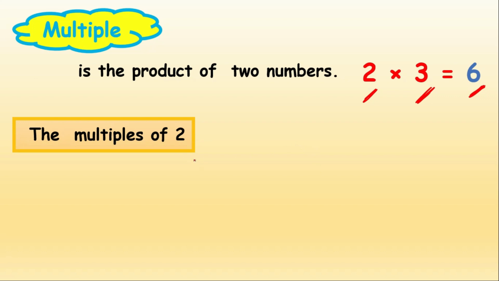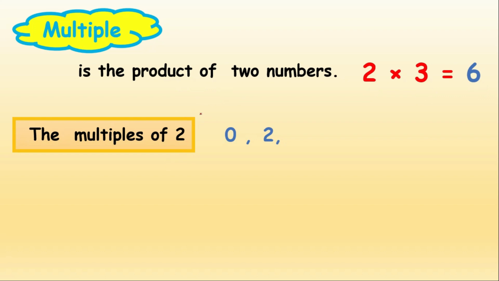يعني احنا لو قلنا 2 times 0 equals what? Equals 0. So 0 is a multiple of 2. And also 2 times 1 equals 2. So 2 is a multiple of 2. Okay?